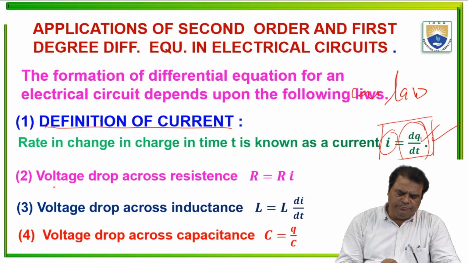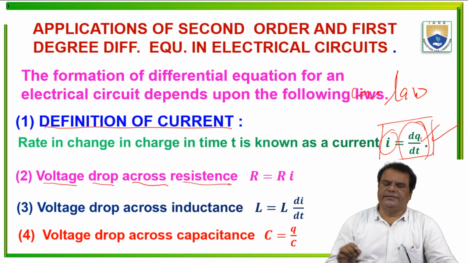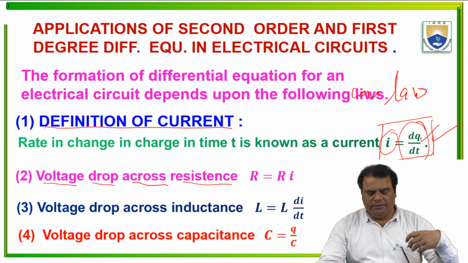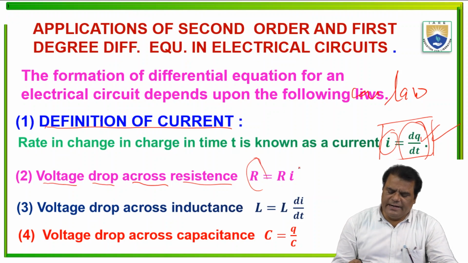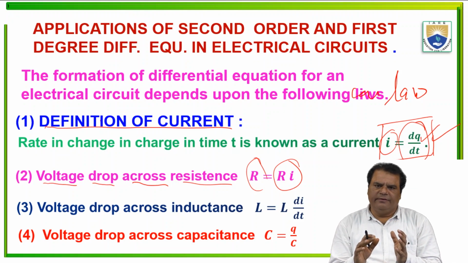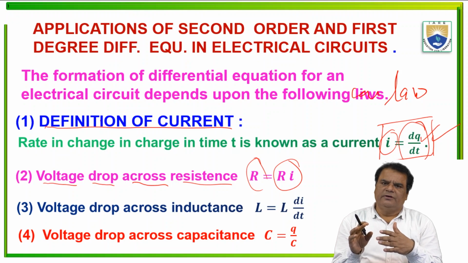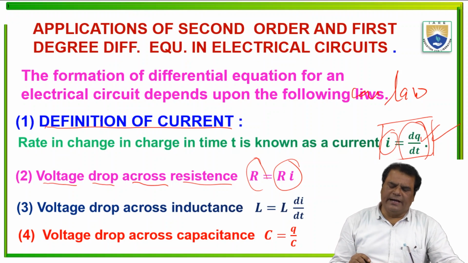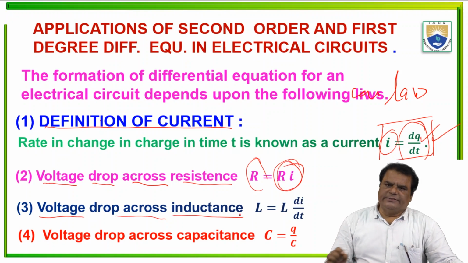Now next, voltage drop across resistance. If there is a voltage drop across a resistance in our circuit, then we write Ri. Voltage drop across any inductance.